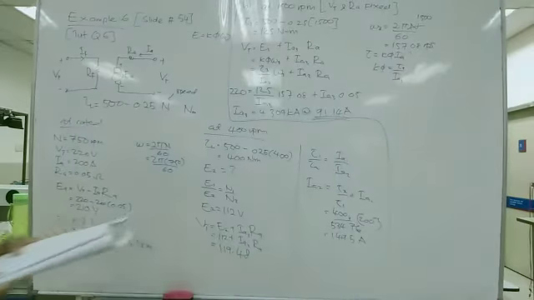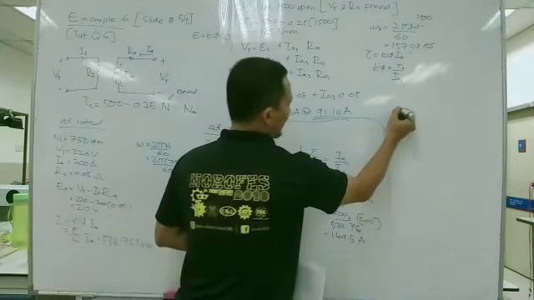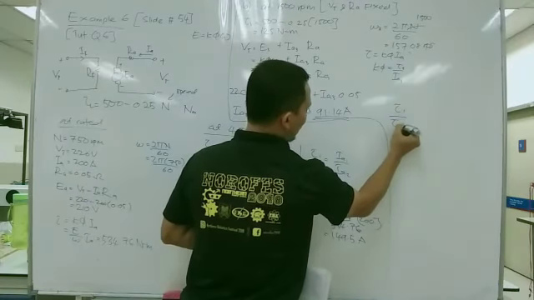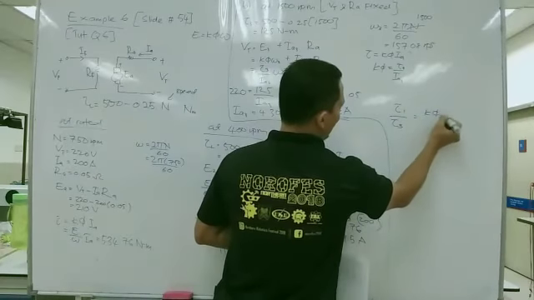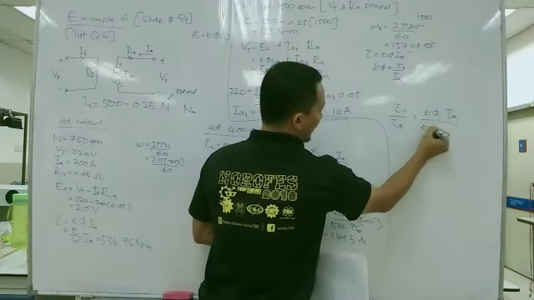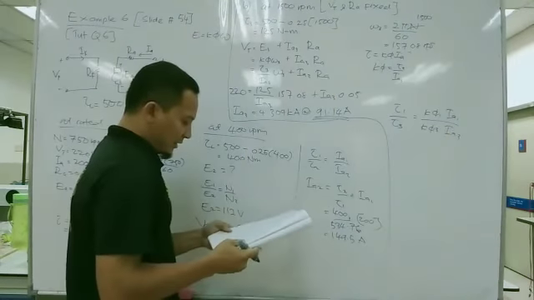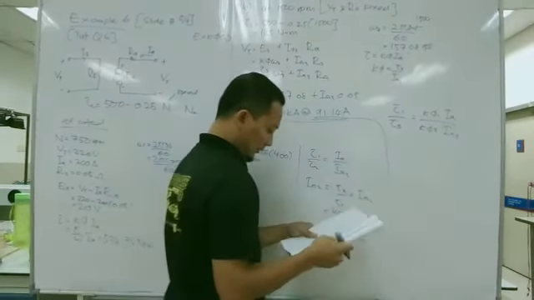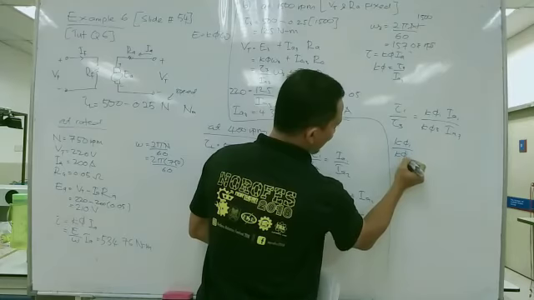Now the question asks to calculate the value of flux as a percent of rated flux. This means that we use the equation torque 1 over torque 3 equals K flux 1 IA1 over K flux 3 IA3.